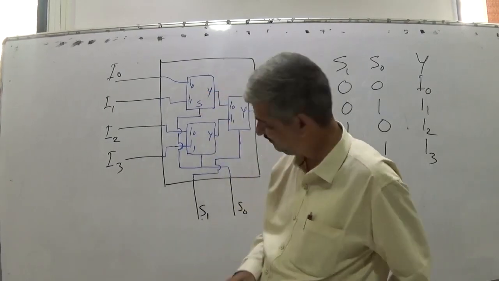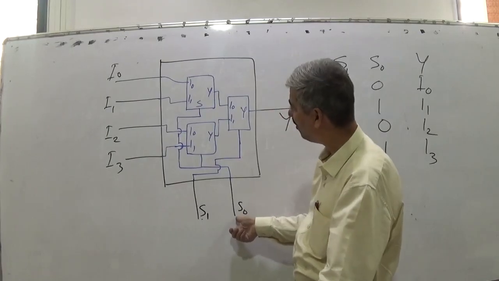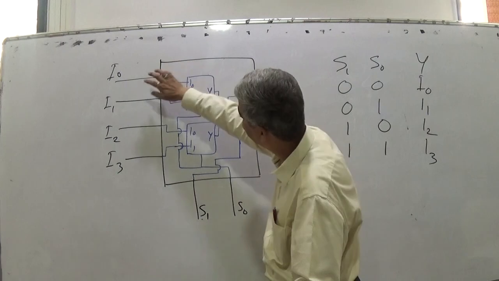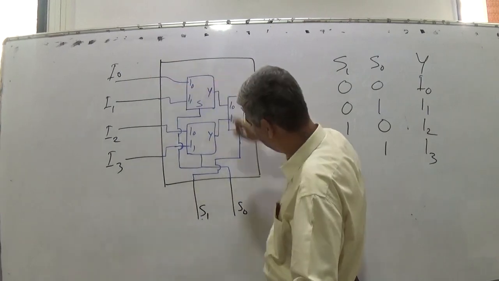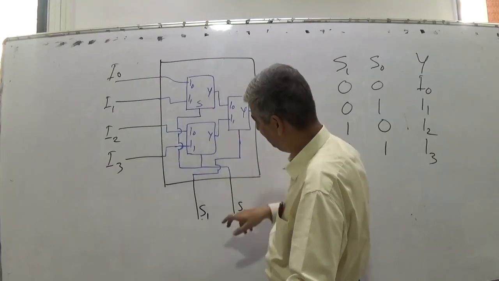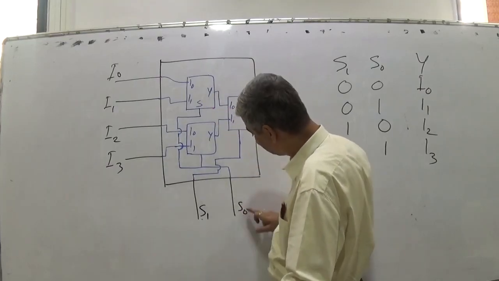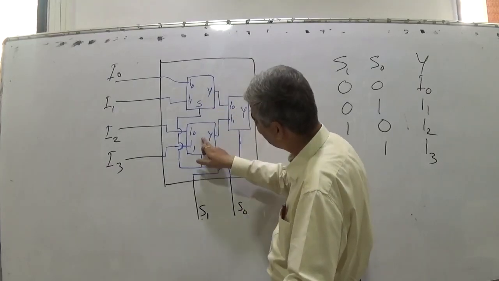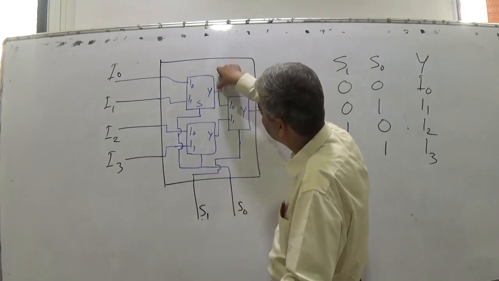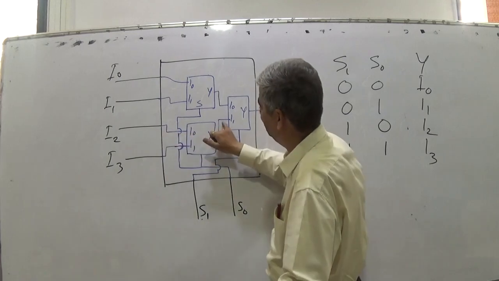So when S0 is 0, it will select I0, and this I0 will appear here. When S0 is 1, this I1 will appear here. At the same time, the same S0 is given here also. So when S0 is 0, I0 appears here and I2 appears here.